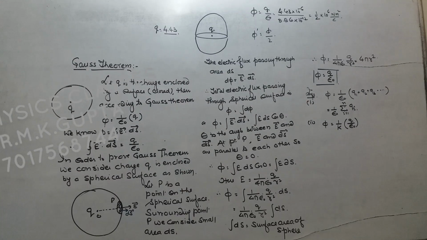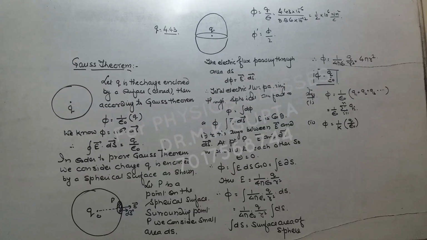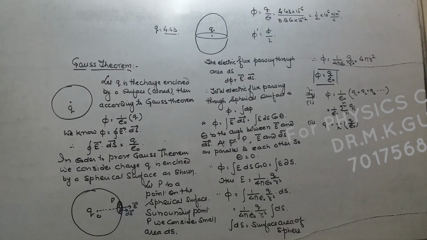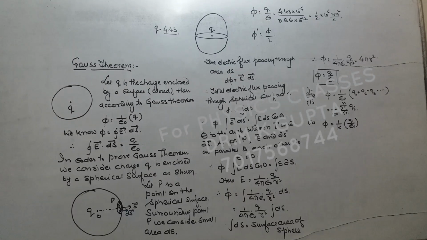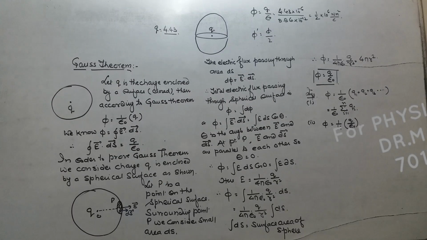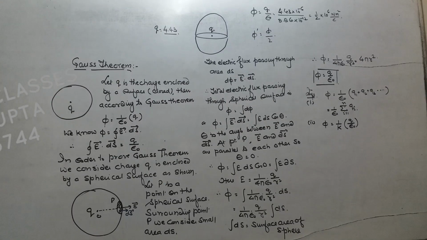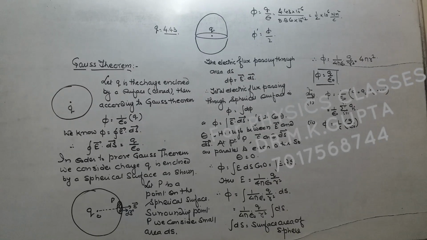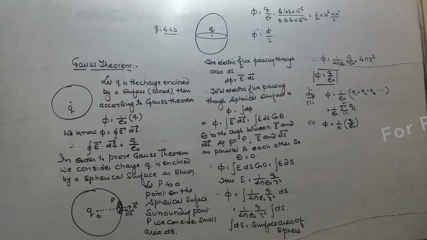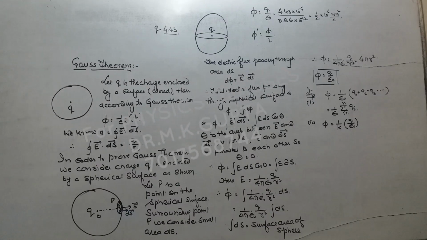In order to prove this Gauss theorem, we consider a charge q situated at the center of a spherical surface. On this surface, you take a point P. Surrounding the point P, consider a small area dS and apply Gauss theorem. When you apply the formula for flux, phi is equal to integral E vector dot dS vector, or E dS cos theta.